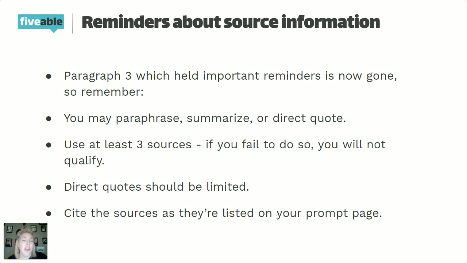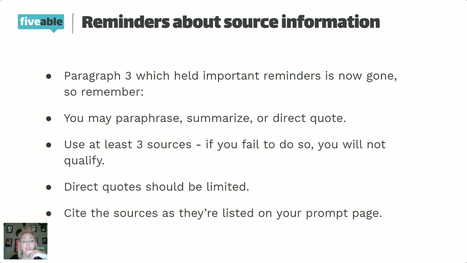And then finally, cite the sources as they're listed on your prompt page. The people who are reading your essay are trained to look for those citations. I've had students before who have cited the information and used those 3 sources that were required, but they didn't list the citation. I would hope that a reader would give you the benefit of the doubt if they knew that was source material, but they don't have to.